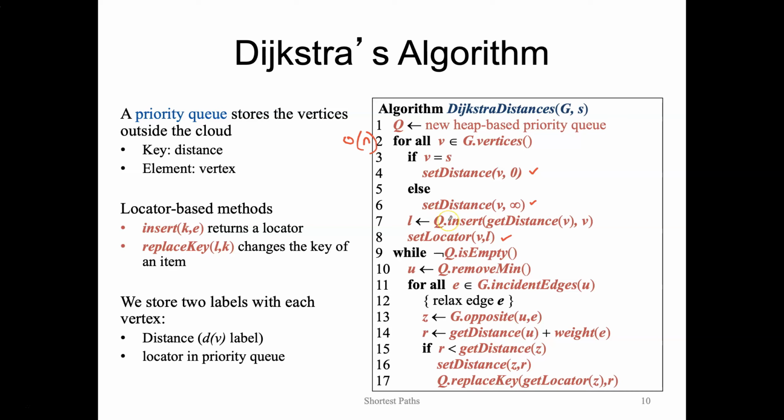So we'll have n calls to an operation which costs log n. So the number of iterations we have is n, but one call to this is log n. So far, the total running time for lines 2 through 8 is n times log n.